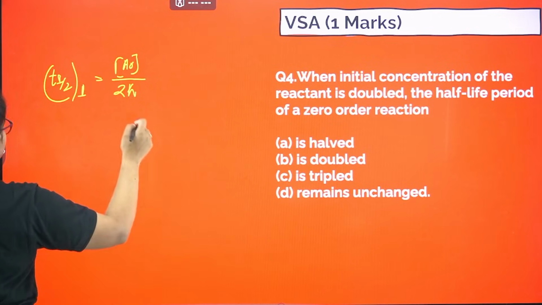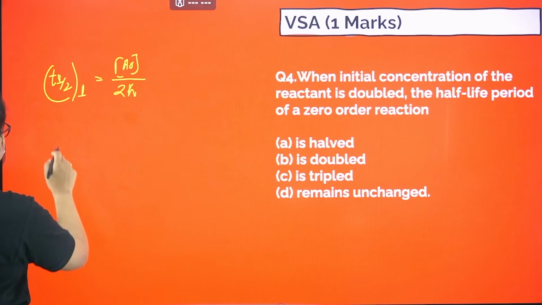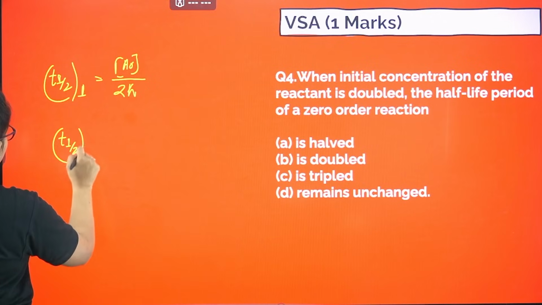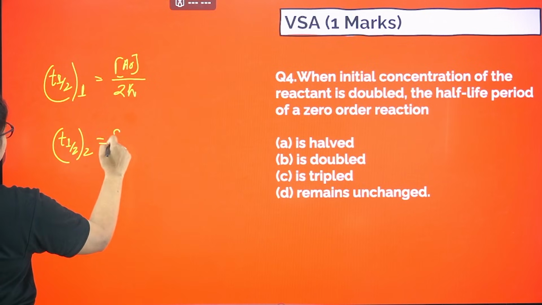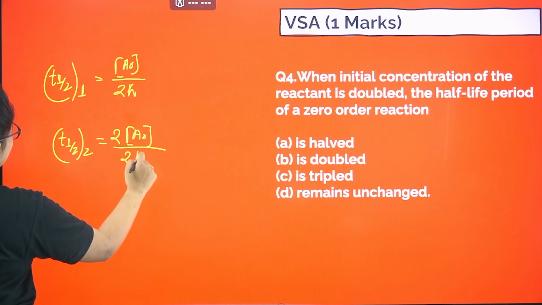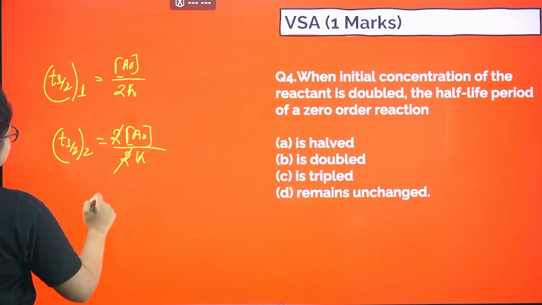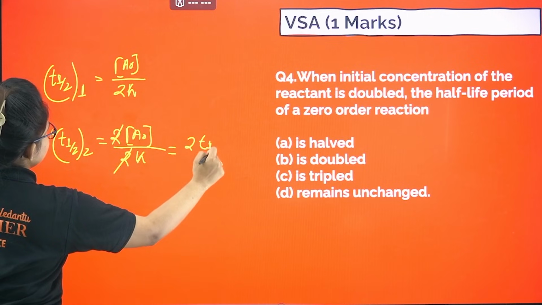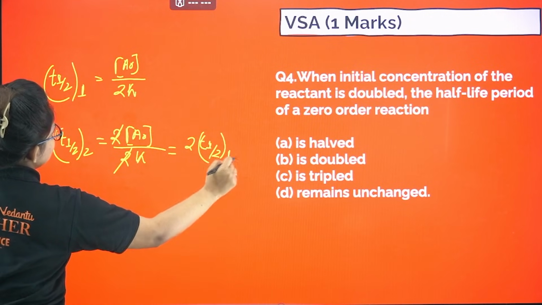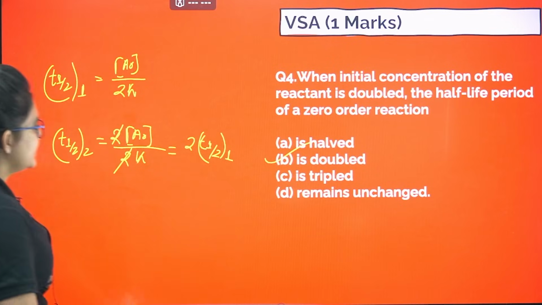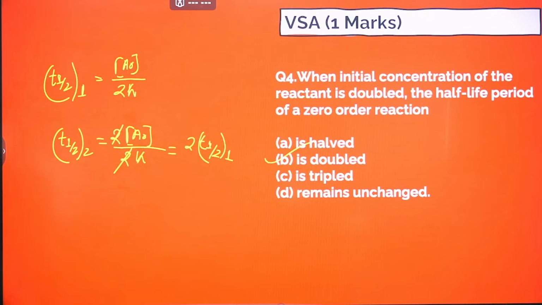Now we will just double the initial concentration. So T half-life 2 on doubling is 2 A0 by 2K. So don't you think it's nothing but 2 times T half 1? So it will be doubled. Okay, I guess this is clear.